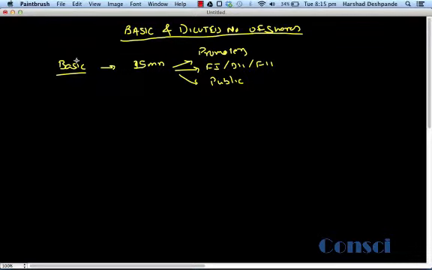So basic number of shares are actual number of shares that are already issued and completely paid up. So those are what are called as basic number of shares.